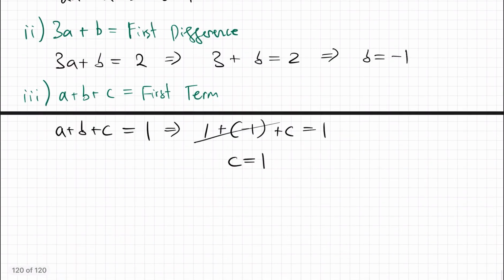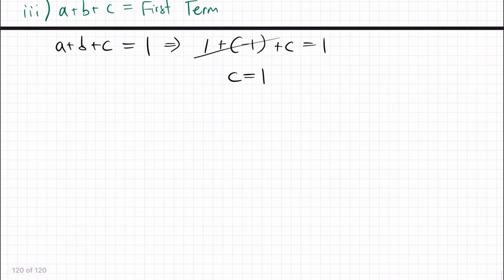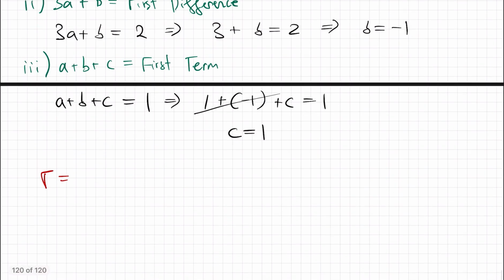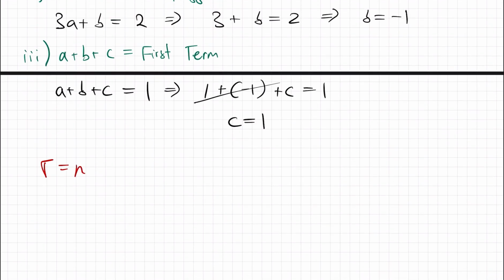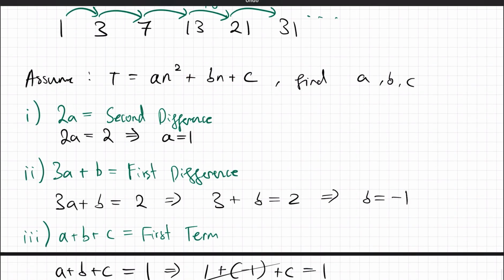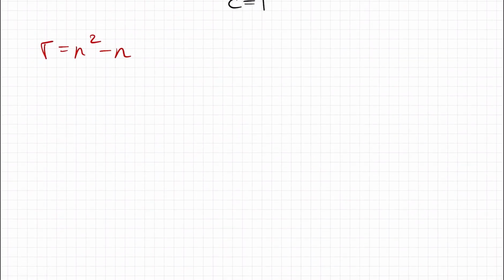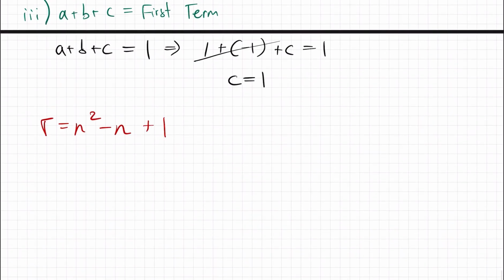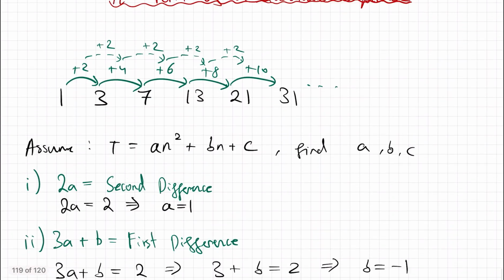And now that gives us that t is equal to 1n squared, or just n squared, minus 1 times n, which is just minus n, plus 1, like so. So here we go, this is the solution for the above. Let's check if that works.